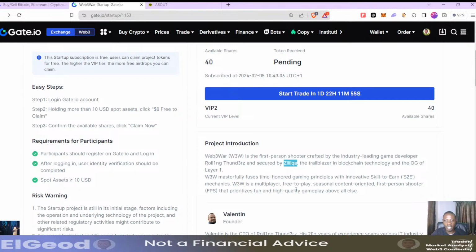Now, by Zilliqa, the trailblazer in blockchain technology and the OG of Layer 1. That's a very nice intro, I guess. W3W masterfully uses time-honored gaming principles with innovative skill-to-earn mechanics. So the game is a multiplayer-based, free-to-play, seasonal content-oriented, first-person shooter.